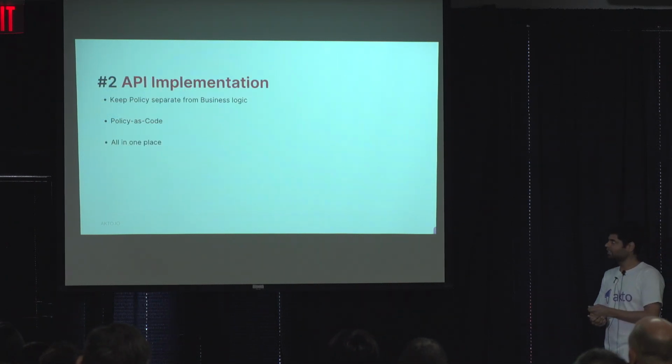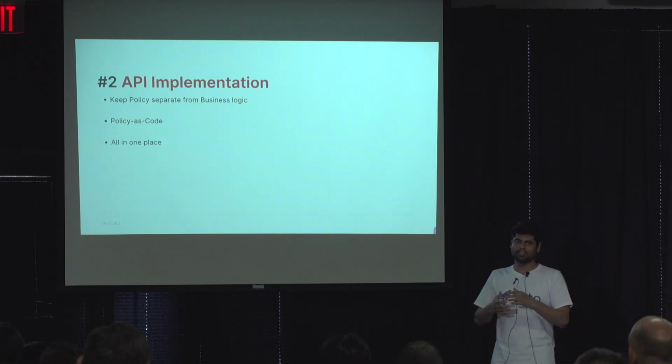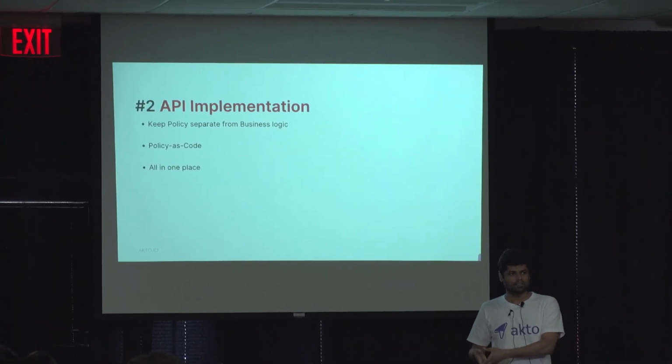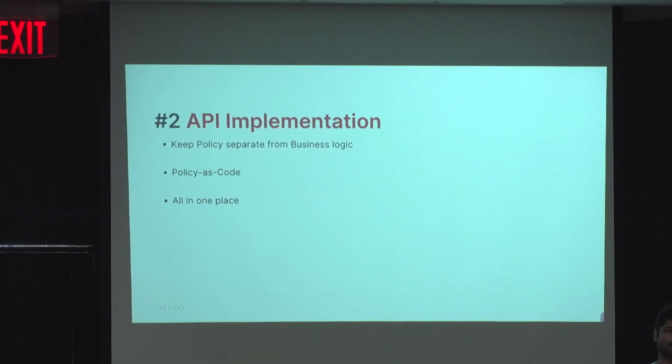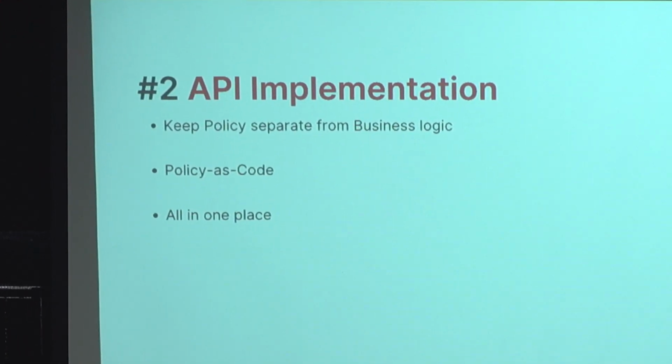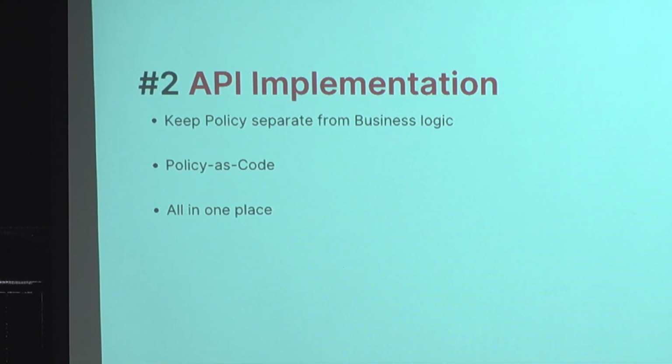API implementation. Again, this means two things: actually implementing the business logic for that API, and implementing roles and authorization checks on that API. In my opinion, you should keep them separate. API access should be defined as a policy in some sort of code.